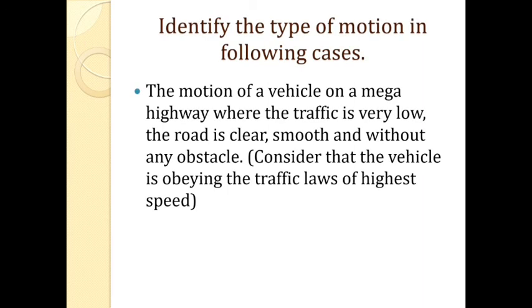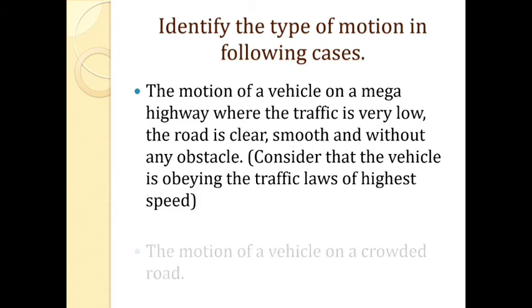Now see, identifying the type of motion in the following cases. The motion of a vehicle on a mega highway where the traffic is very low, the road is clear, smooth and without any obstacle. Consider the vehicle is obeying the traffic laws of highest speed.